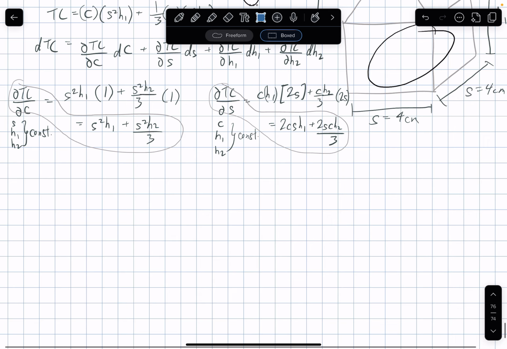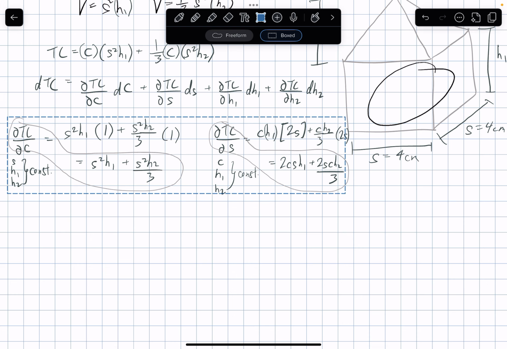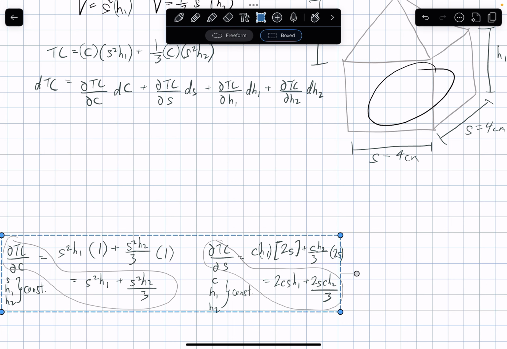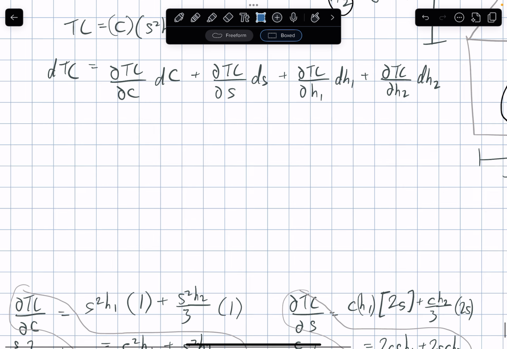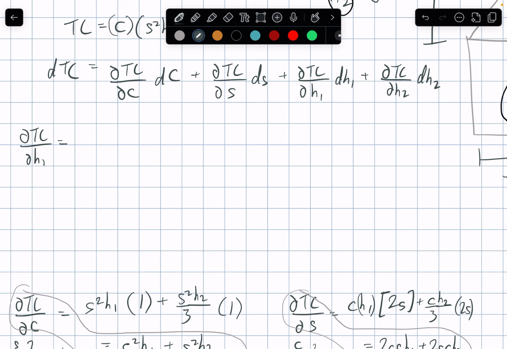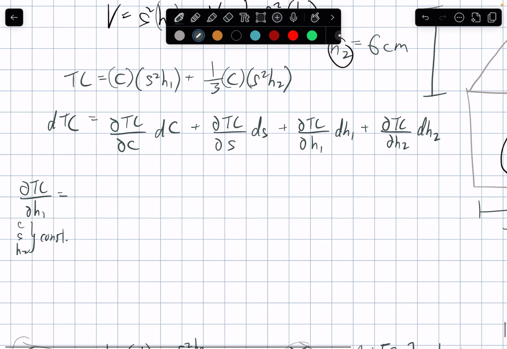Next. So with respect to H1, meaning the rest, C, S, and H2 are constants. So C, S squared are constants.